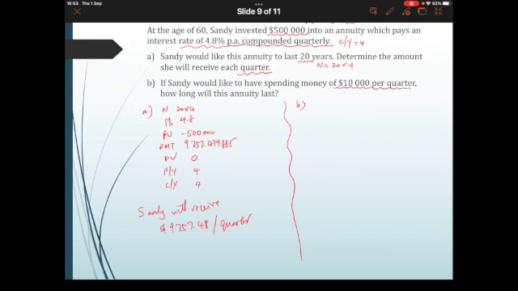If Sandy would like to have spending money of 10,000 per quarter, how long will this annuity last? So this time we don't know what N is. We know PMT is now 10,000. I percent is still 4.8. PV is minus 500,000. PMT is 10,000 this time.